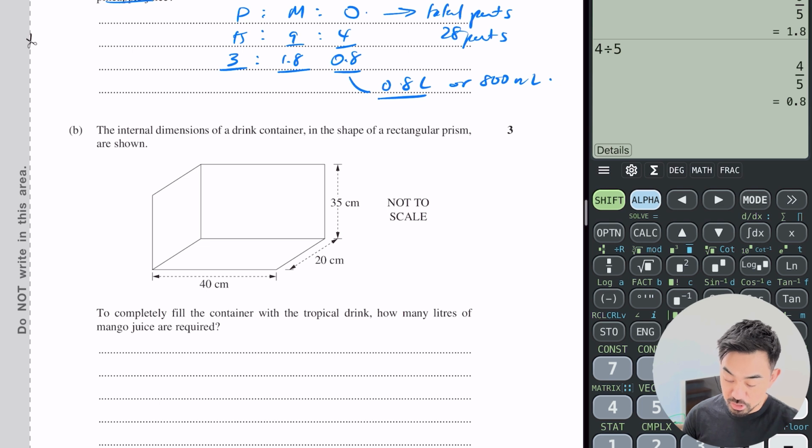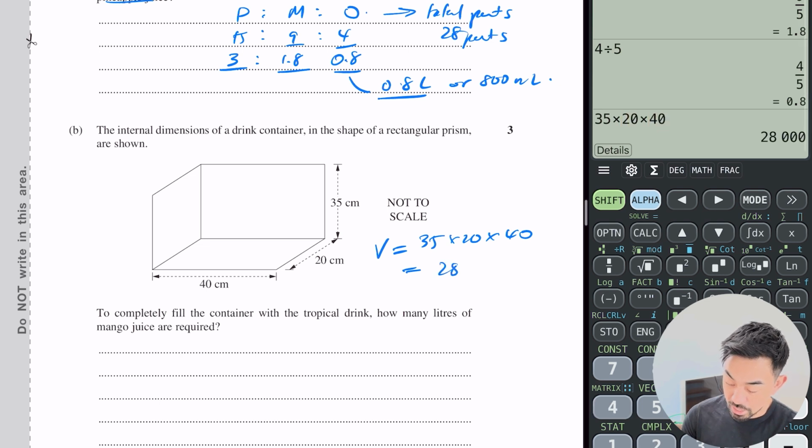B. The internal dimensions of a drink container are in the shape of a rectangular prism as shown. To completely fill the container with tropical drink, how many liters of mango juice are required? All right, let's start with the volume because that's probably the most straightforward. How much actually fits in here? So you just multiply that. That's 28,000 centimeters cubed.